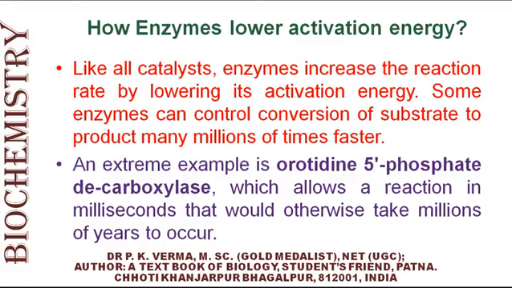It allows a reaction in milliseconds that would otherwise take millions of years to occur. That is, the reaction normally does not take place in nature, but in the presence of this enzyme, the reaction occurs in milliseconds. It means the rate of reaction is increased millions of times.